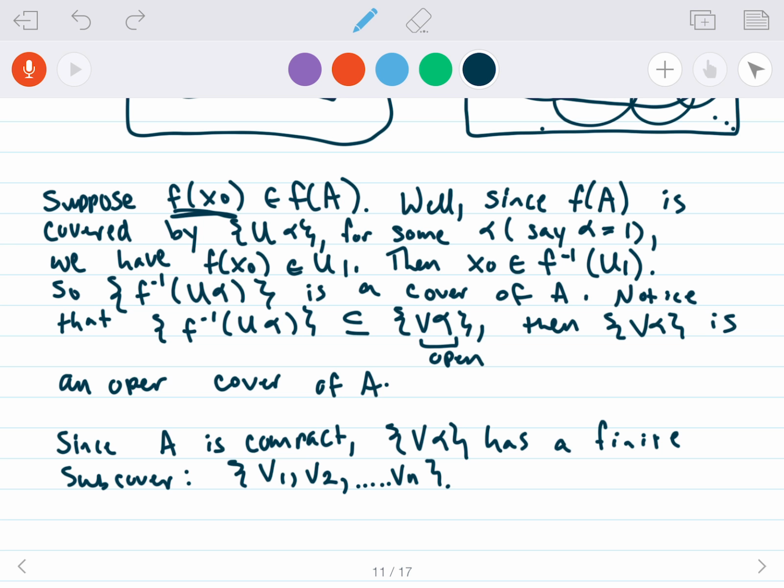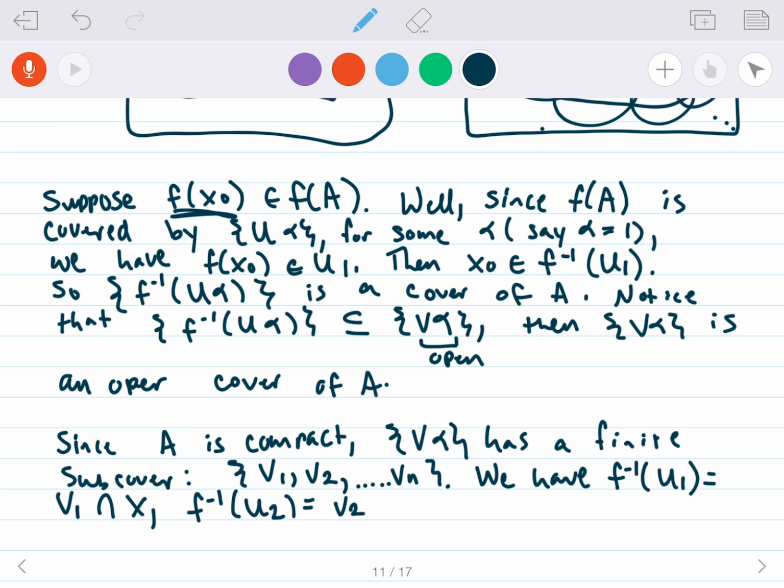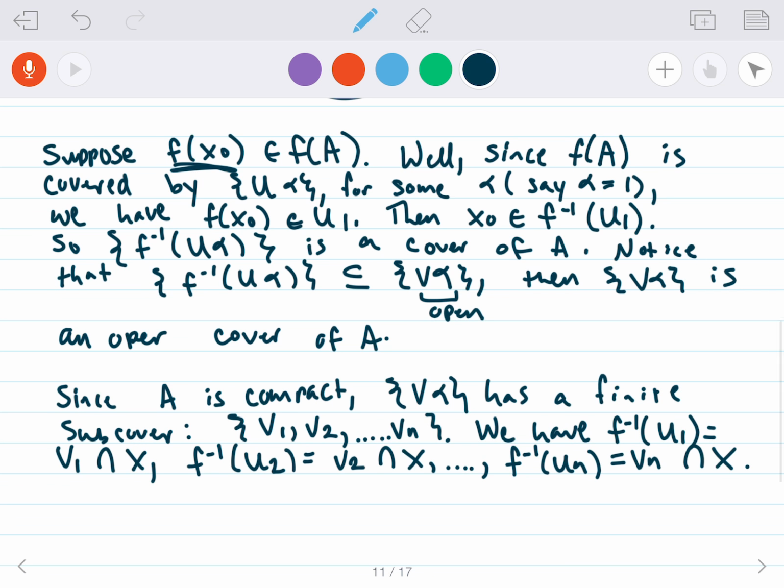So notice that we have pre-image of U1 equals V1 intersect X. Pre-image of U2 is equal to V2 intersect X, etc., all the way up to pre-image of Un is equal to Vn intersect X. And so because of this, and we know that V1 through Vn covers A, these guys are going to have to cover A as well.